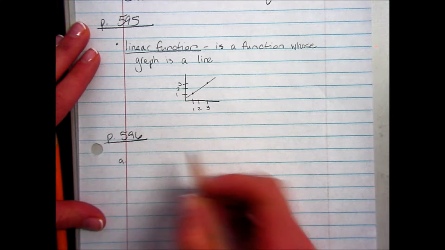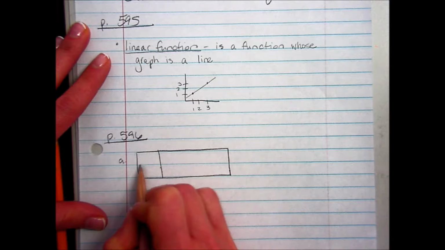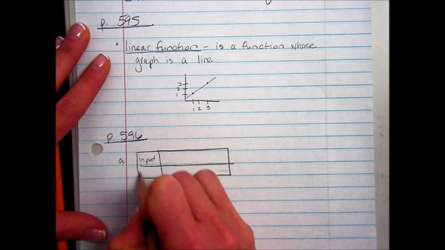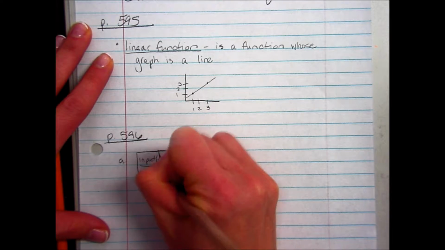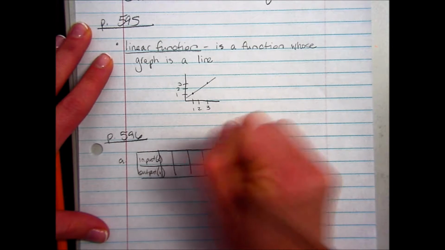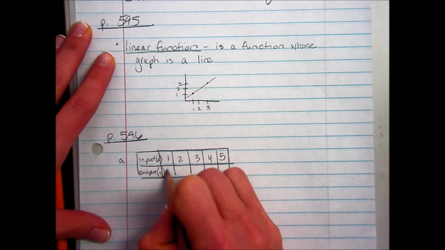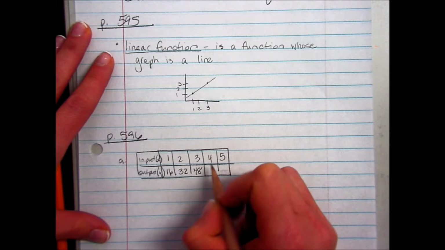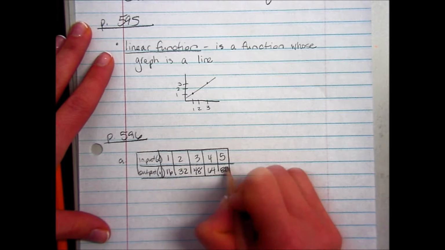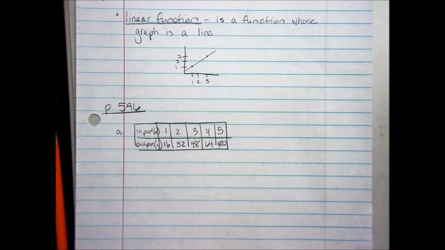So on problem A, we have a series of numbers as our input and output. Input is X and output is Y.